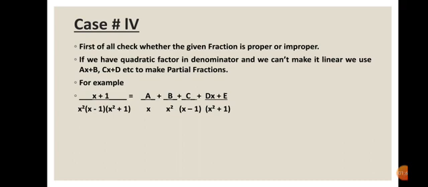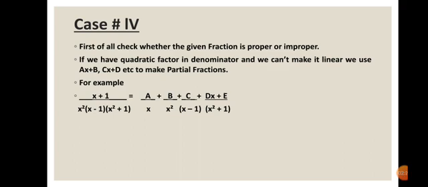Students, x square is a quadratic, but it can't be factorized as ax plus b or something else. Why? Because x square can be factorized into x dot x, means x multiply x.